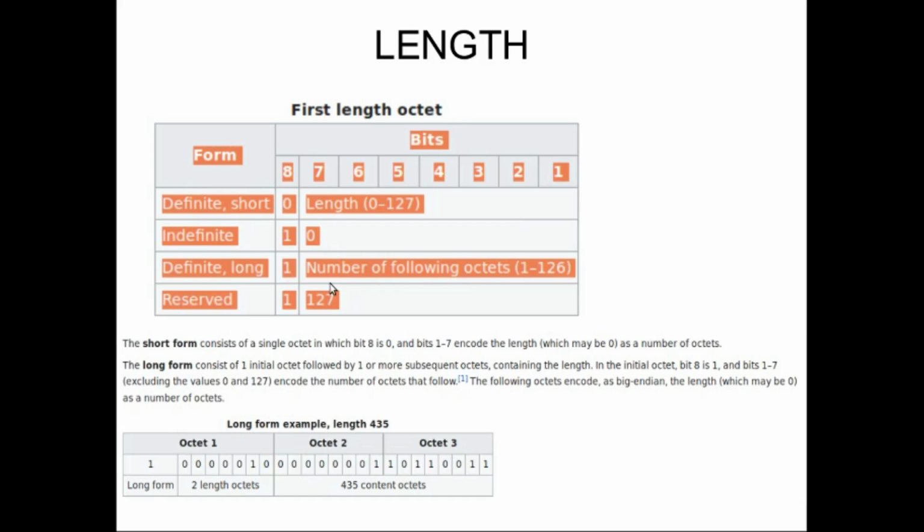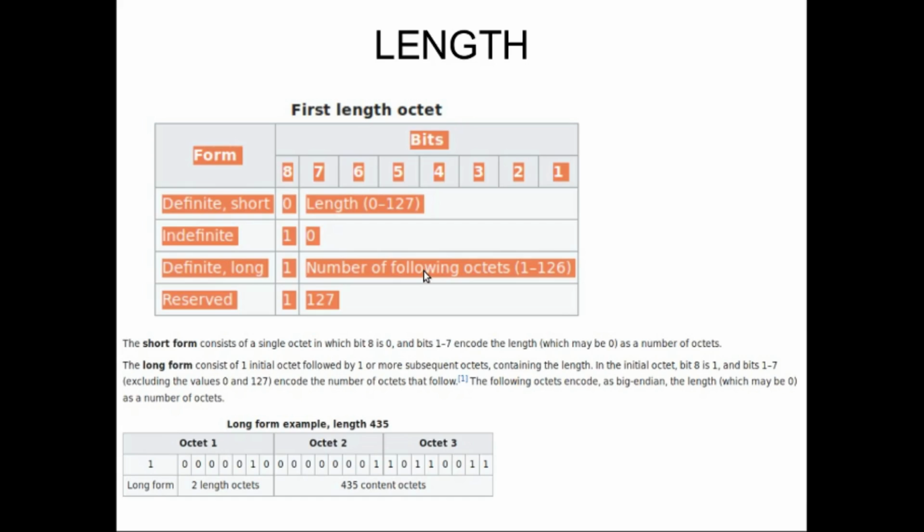But if it is 1 and then a value up to 126, these are the octets that follow. Suppose we have 1 here and here we have written 50, it means the 50 bytes after this byte will represent the length.